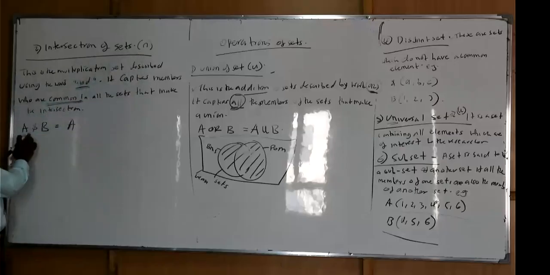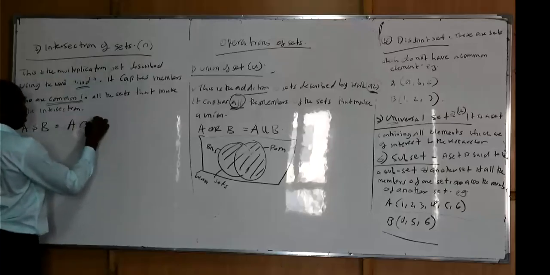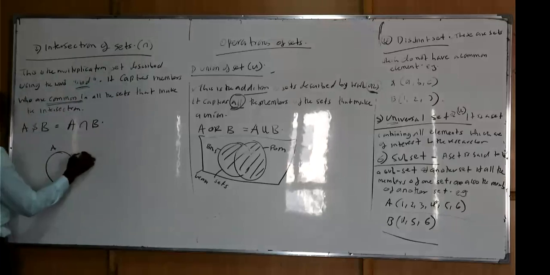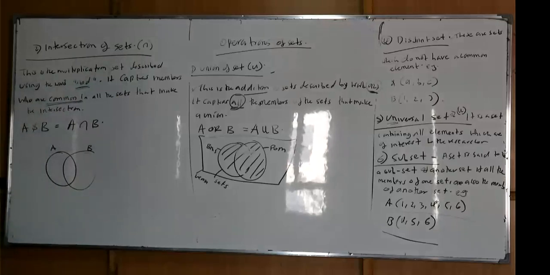We can say A and B, or A intersection B. Let us say this is set A, and this is set B. Here in the middle is what we call the intersection.